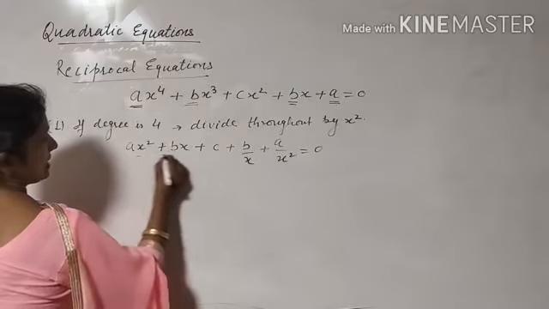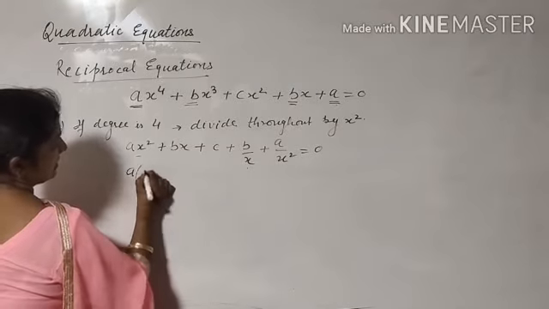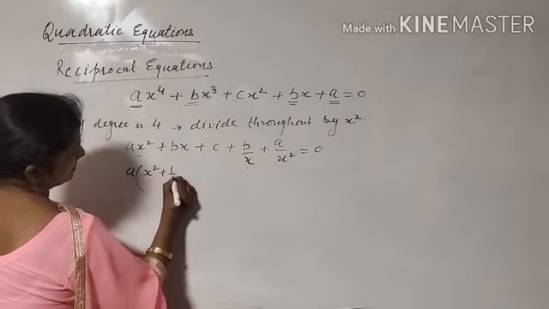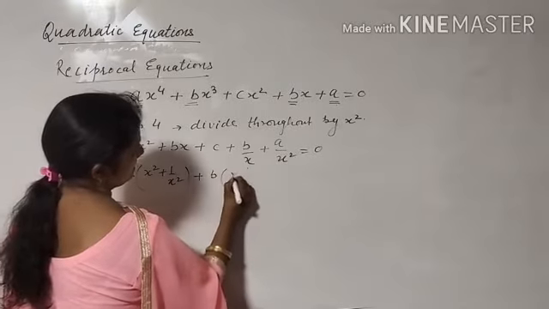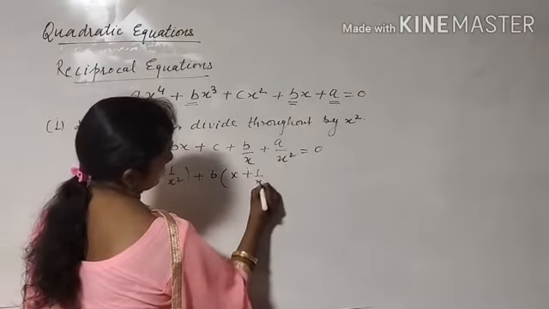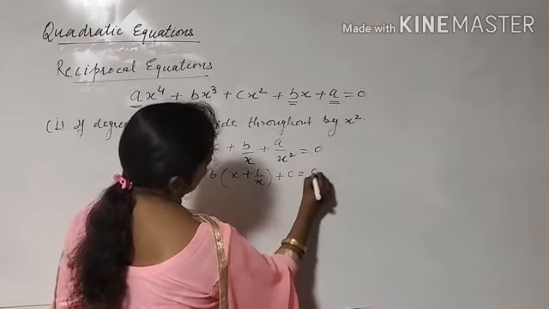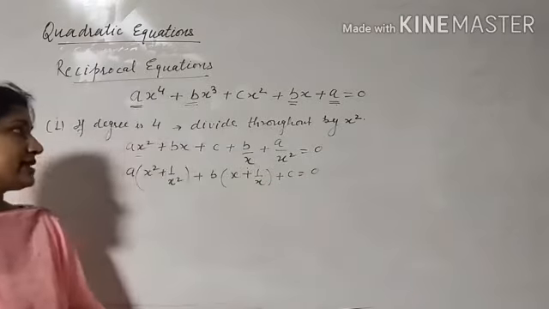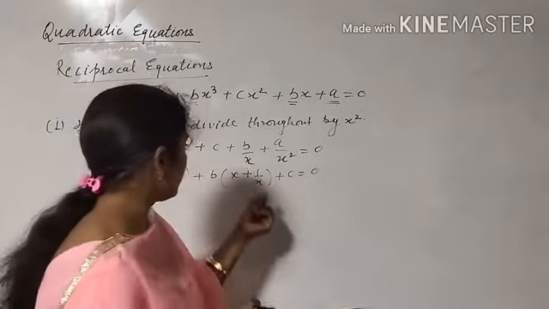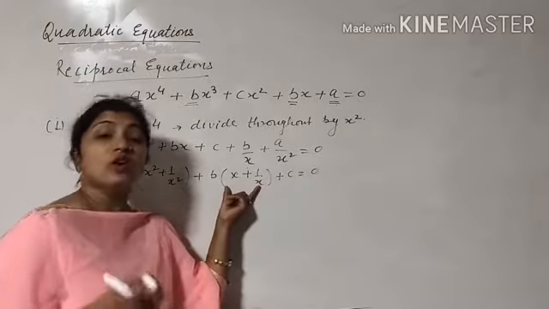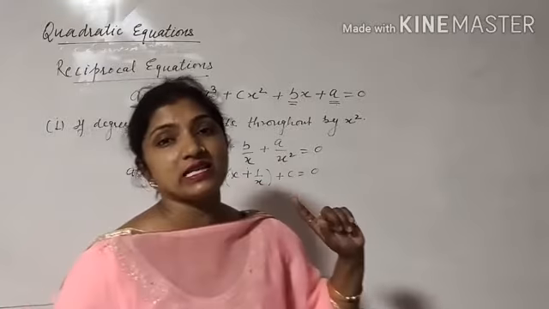Then take a common. You get a(x square plus 1 by x square) plus b(x plus 1 by x) plus c is equal to 0. So in this type of equation of degree 4, either you get the term x plus 1 by x, or you get the term x minus 1 by x.